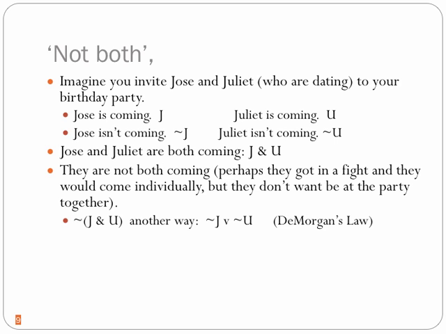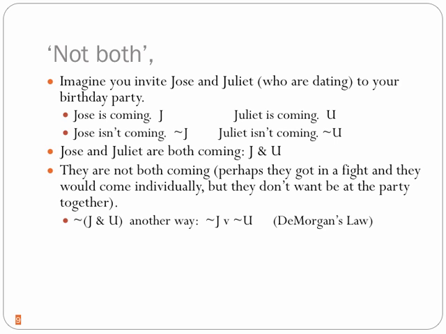But that's not what we want to say. We want to say that it's false that they're both coming. They're not both coming. And again, what that means is that maybe one will come, maybe the other, maybe neither will come. We don't know. All of that's possible, but what we know for sure is that it's false that they will both come, not both. And in general, that's how you symbolize not both.